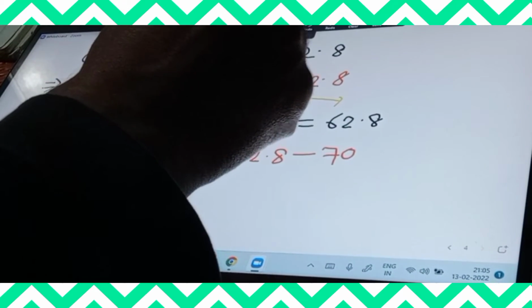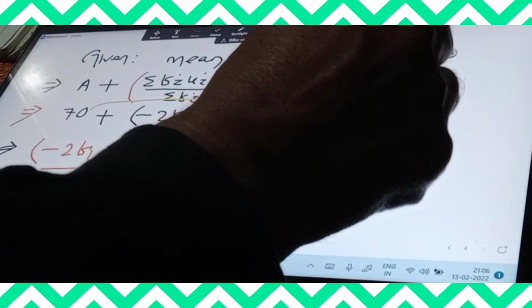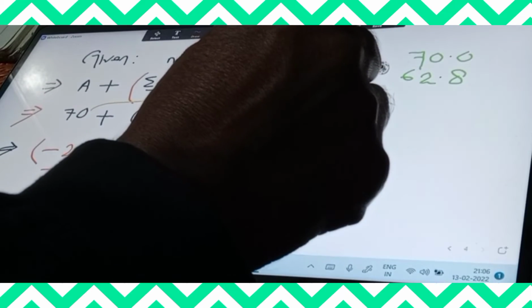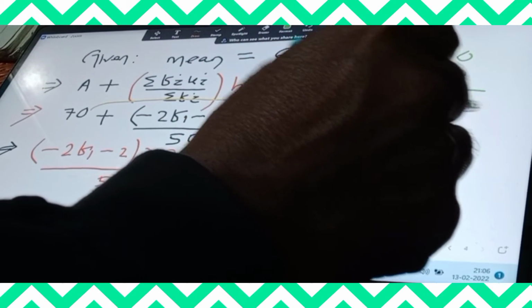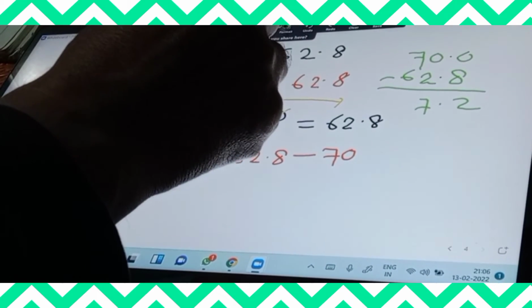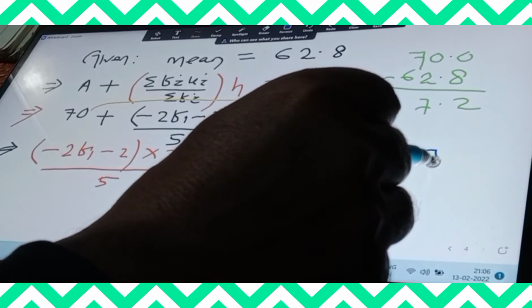And if you do the subtraction, 70.0 minus 62.8, the value will be 10 minus 8 is 2, and 9 minus 2 is 7, which gives minus 7.2.